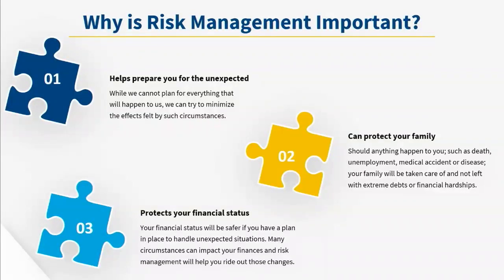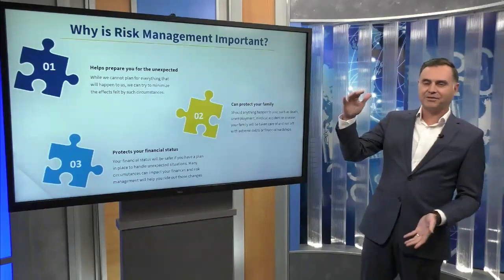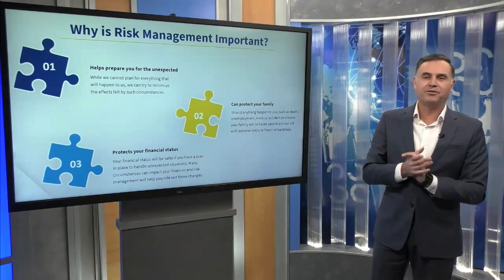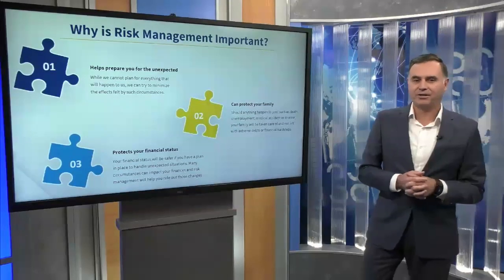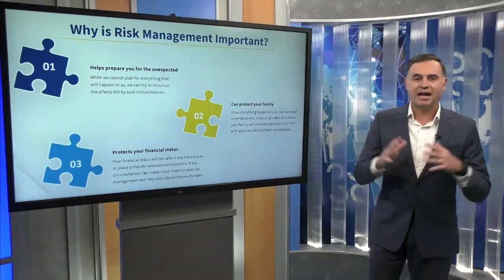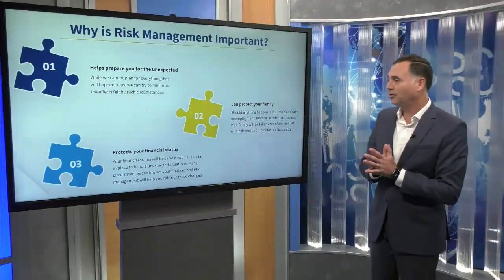I'll use some analogies. I love aviation, so I tend to use a lot of aviation analogies. If a pilot is flying at 30,000 feet, he's not worried about what the weather is at 5,000 feet, right? So it's understanding the types of things that we can control and making sure that you maximize the control of those. Everything that's out of your control is, again, not in our control.